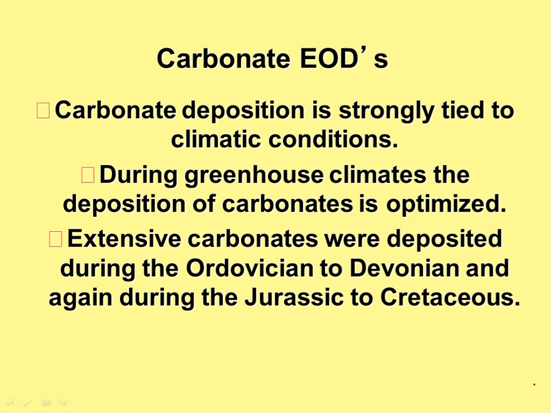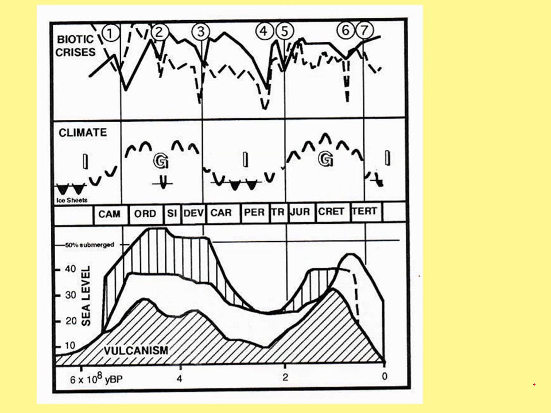So for example, in the Ordovician to Devonian, there was lots of carbonate deposition, and in the Jurassic Cretaceous we see lots of carbonate deposition. If you look at a graph of this, it's kind of a busy graph. It shows a number of things.